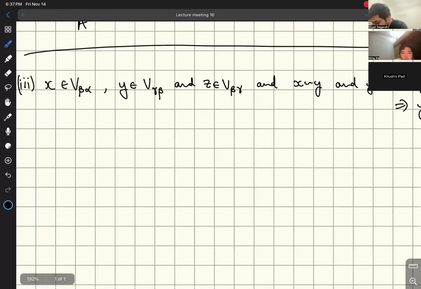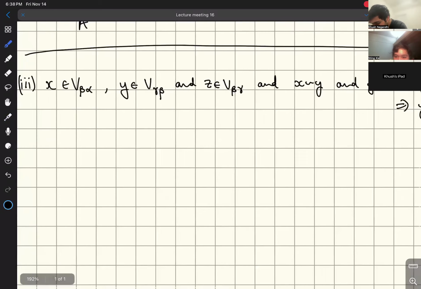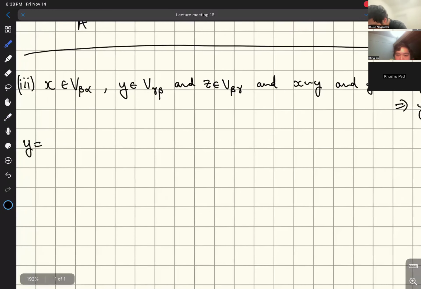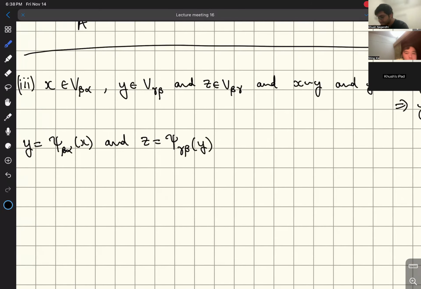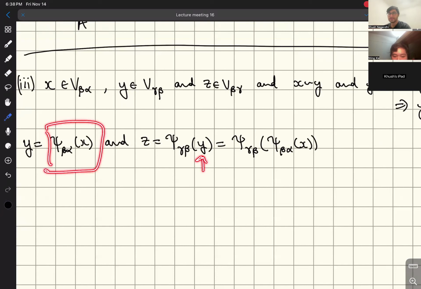Okay. So we know that y is equal to psi beta alpha of x. And we know that z is psi gamma beta of y, which then tells you that z is nothing but psi gamma beta of psi beta alpha of x, because you can just replace y with this.